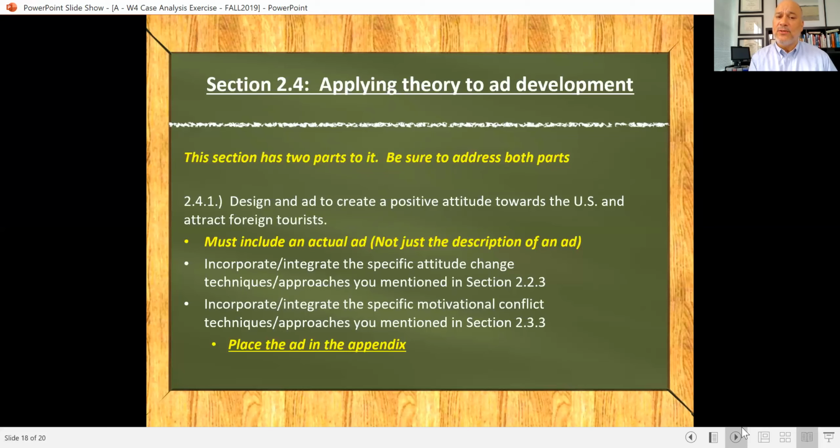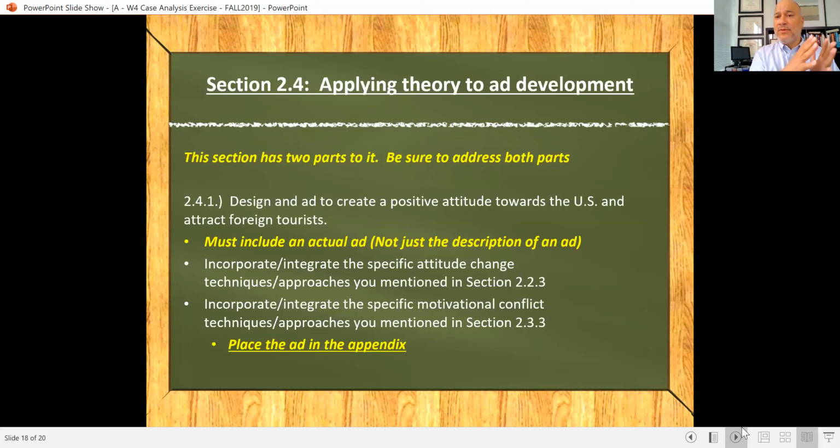Remember, you have to include an actual ad, not just the description of an ad, and in that ad, I'll be looking for you to incorporate or integrate the specific attitude change techniques and approaches you mentioned in the 3rd question of part 2 of the analysis section, and to incorporate the specific motivational conflict techniques and approaches you mentioned in addressing question 3 of the 3rd section of this analysis section.